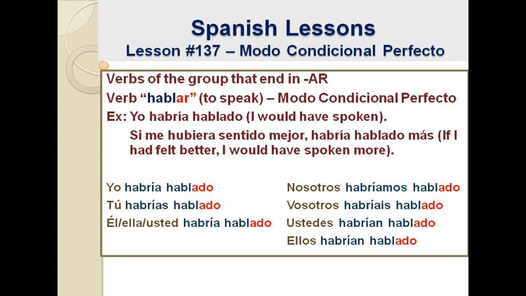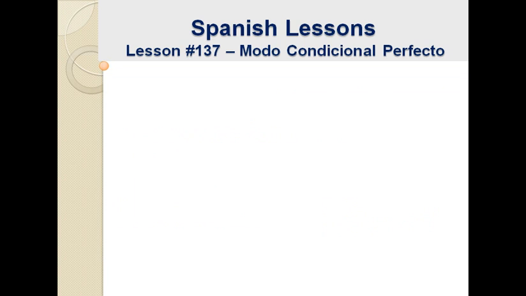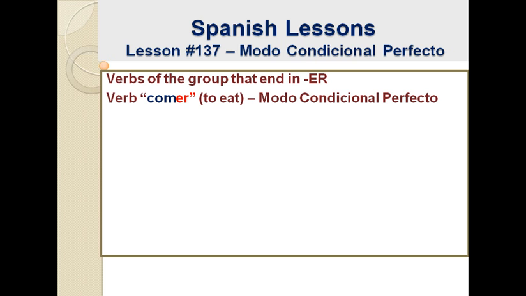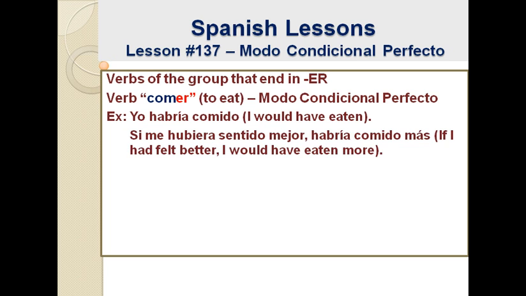So let's now pass to the second group of Spanish verbs. These are the verbs that end in er. We will take the verb comer or to eat as an example to conjugate, okay? Example, yo habría comido. I would have eaten.